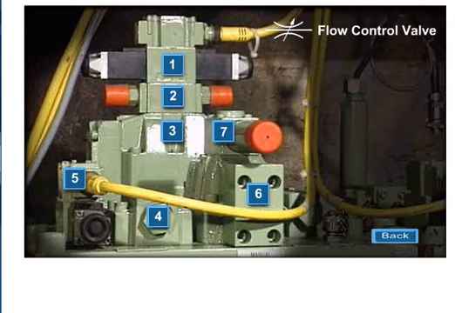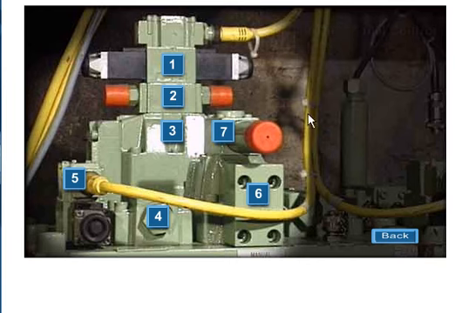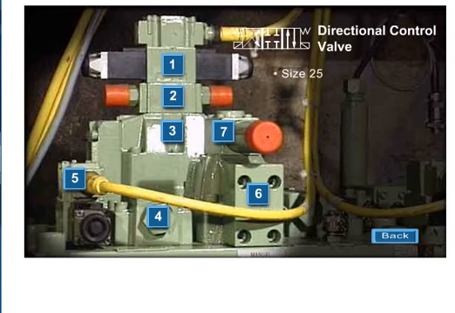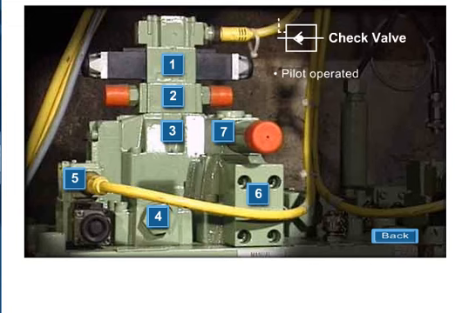Flow control valve, size 6 sandwiched configured. Controls shift speed of size 25 directional control valve. Directional control valve, size 25. Starts, stops, and changes direction of flow to hydraulic cylinder. Check valve, pilot operated. Locks cylinder in position.